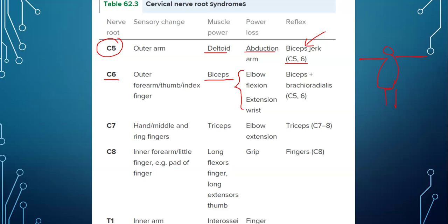So if someone has got C6 radiculopathy, they can have lack of power with elbow flexion and wrist extension. C7, as we talked about, middle finger is the main part of C7, but C7 supplies the triceps muscle, and C7 helps with elbow extension. And triceps jerk, the root value is C7 and C8.